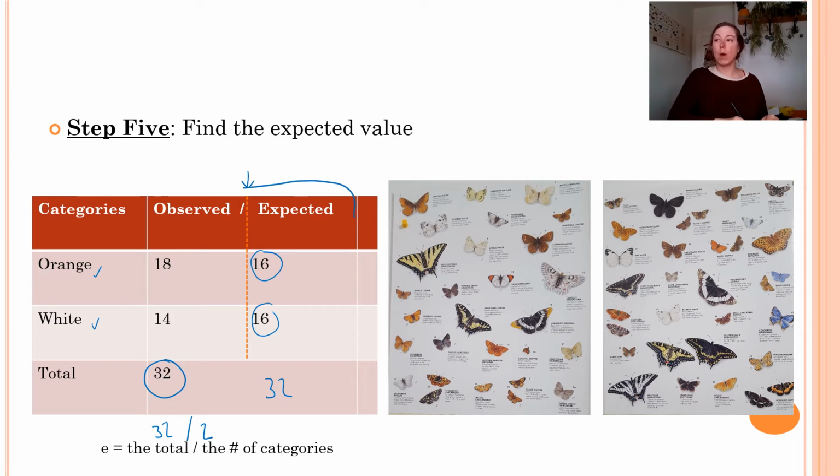This is all one column. The observed and the expected are sharing a column. Understanding that the observed and expected share a column becomes more important when we go to the next step. But for now, I just want you guys to be aware of that. So we've got our observed numbers. We've got our expected numbers. Now we just have to do the math.